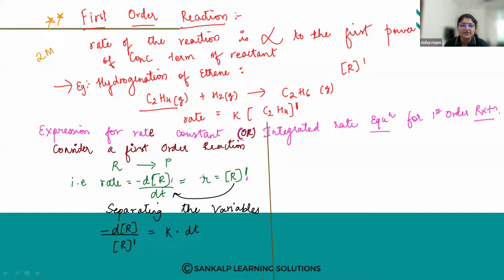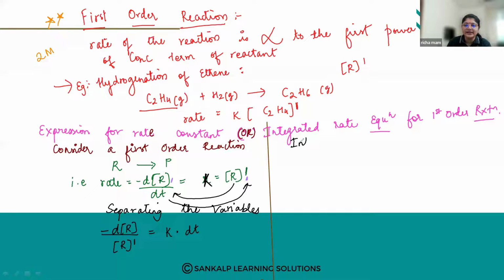This dt I have transferred to the other side. So the R terms are on one side and K dt on the other side.